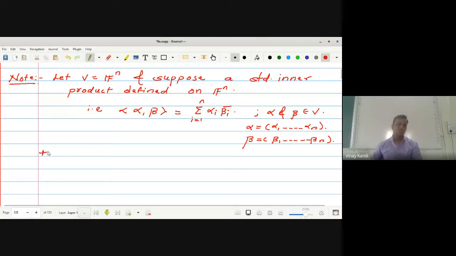Then what is the norm of alpha? The norm of alpha is equal to the square root of the inner product of alpha with alpha itself. By this definition, that is the square root of the summation, i running from 1 to n, of alpha_i into alpha_i bar. Is it correct?